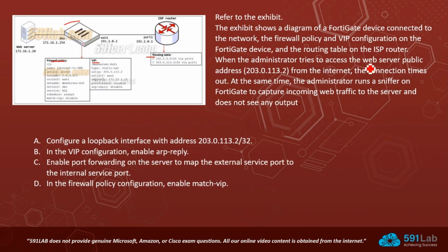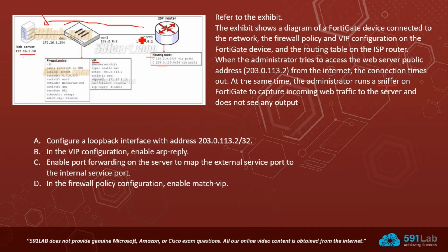When the administrator tries to access the web server using the public address 203.0.113.2 from the internet, the connection times out. At the same time, the administrator runs a sniffer on FortiGate to capture incoming web traffic to the server and does not see any output.